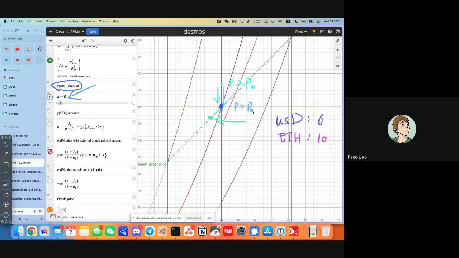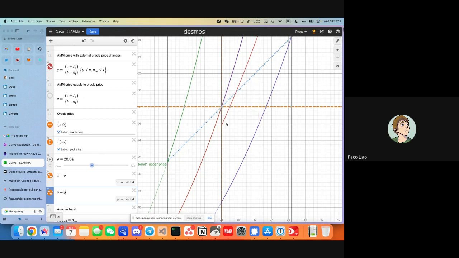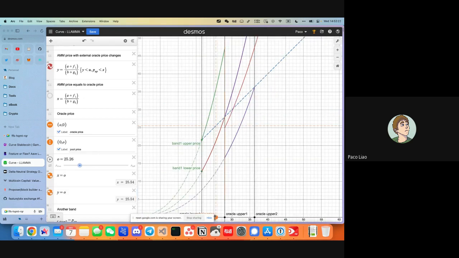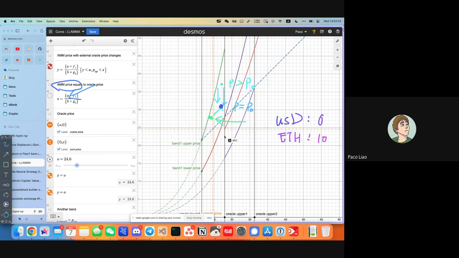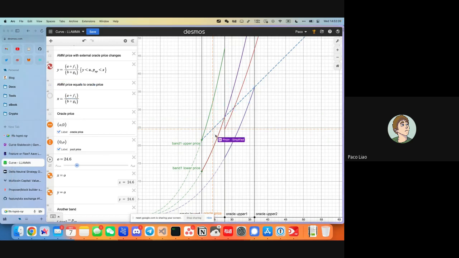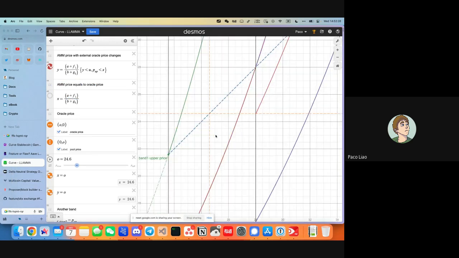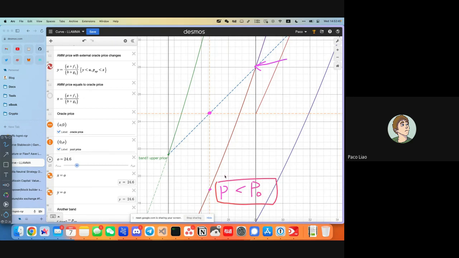And let's say the price is decreasing. Price decreasing means liquidation will happen. So we started from here and the oracle price decreased to here. So the market price is here. The market price will be lower than external price. So arbitrageurs will buy ETH from the pool. So ETH will be converted to USD through arbitrageurs.